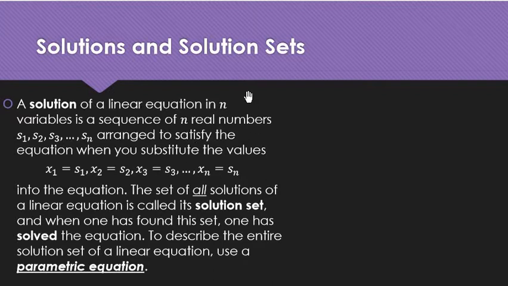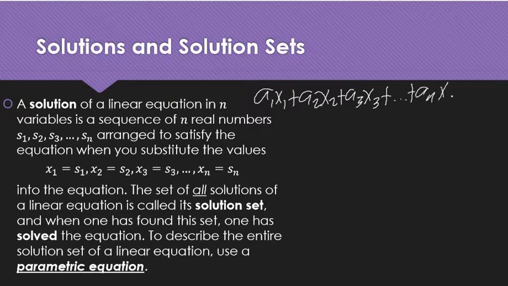So the equation that we are referring to is the equation a sub 1 x sub 1 plus a sub 2 x sub 2 plus a sub 3 x sub 3 plus until plus a sub n x sub n equals b.